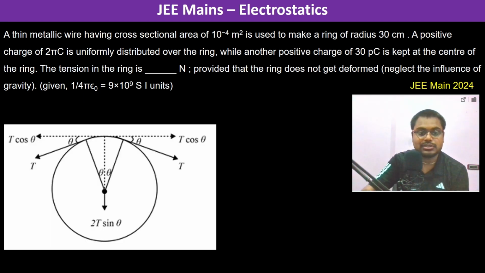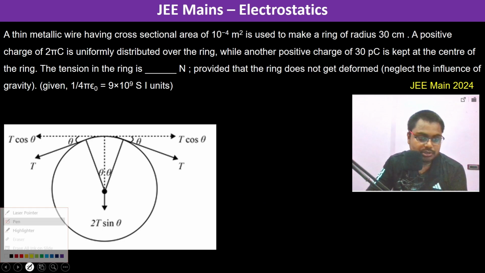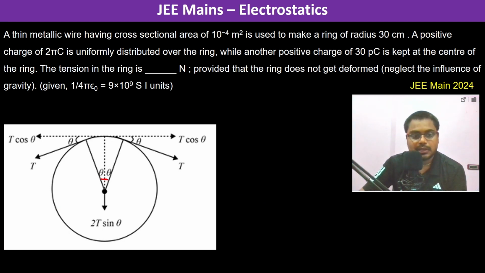For that we see this diagram. Here we have 2 theta. Now we take a small portion of the ring, and this tension is going to be tangential. So the T cos theta components on both sides get cancelled out. The net force in this direction is 2T sine theta.